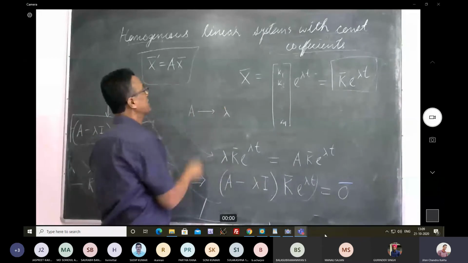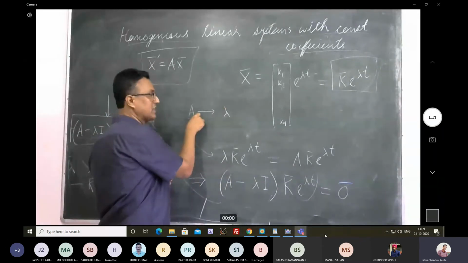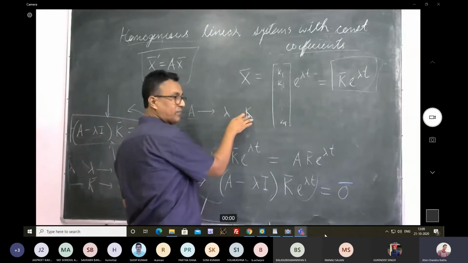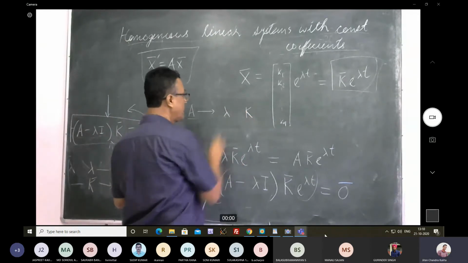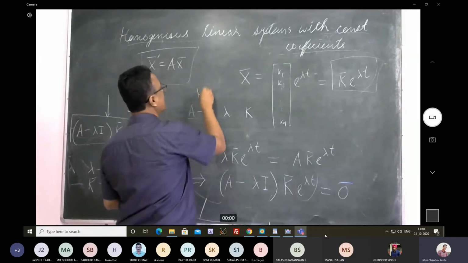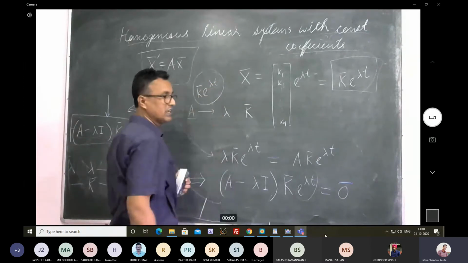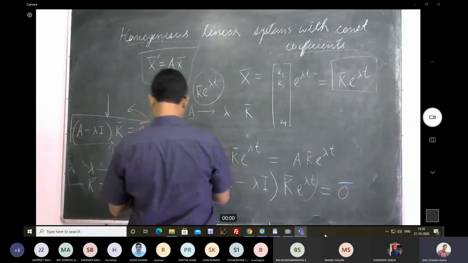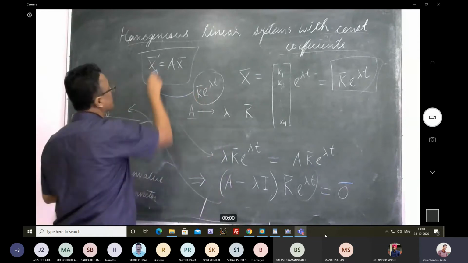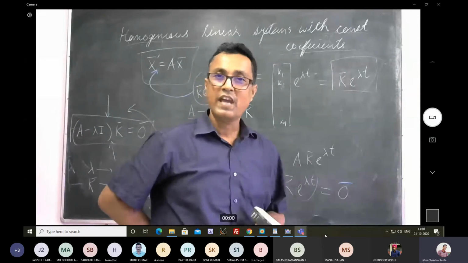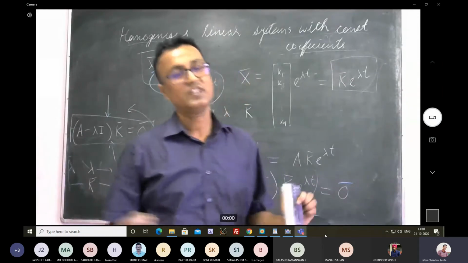So suppose lambda is an eigenvalue of this matrix, and if I can find the corresponding eigenvector k, then k e to the power lambda t is always going to satisfy the system of homogeneous linear equations x prime equal to Ax. Is it clear?